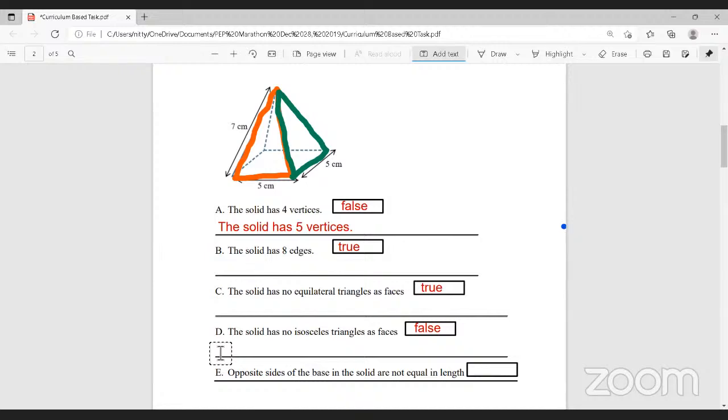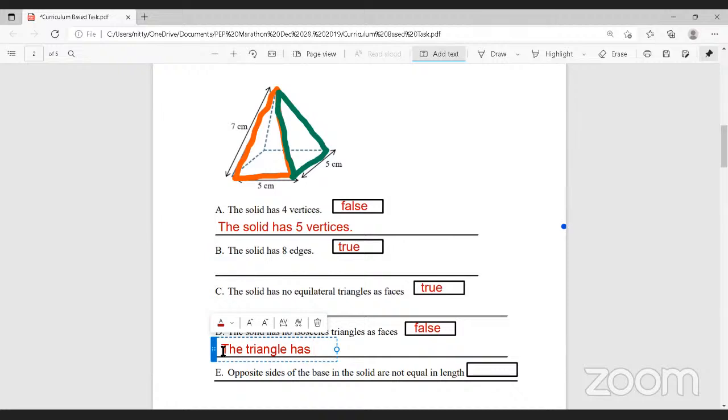So it could read, okay, Nia says the triangle has all isosceles triangles as faces. Torian says all of the triangles are isosceles triangles. Now we're correcting the statement, Torian.